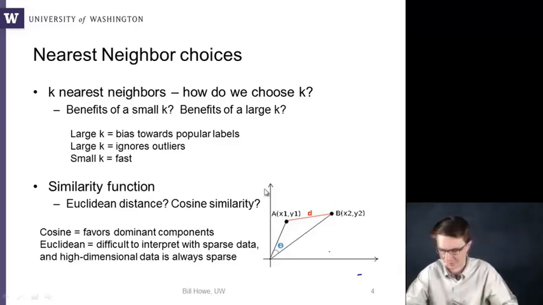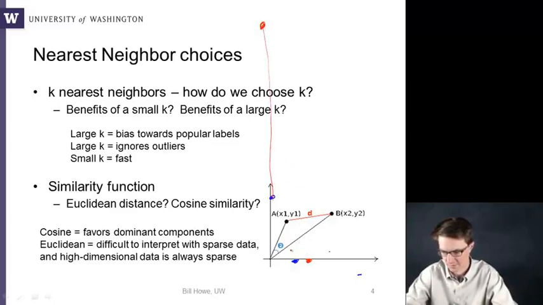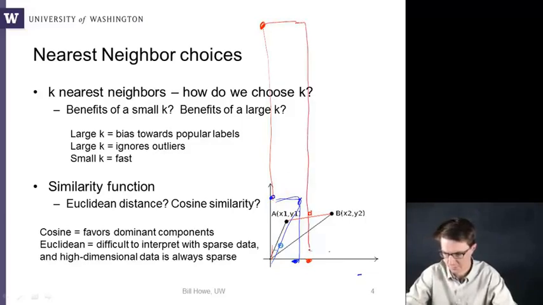I should try to draw this real quick. So if I've got a point here and here, and then I've got a red point here and way up here, then the angle to the blue is that, while the angle to the red is that.